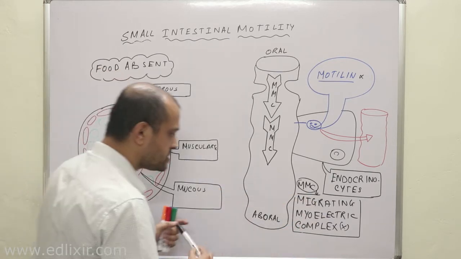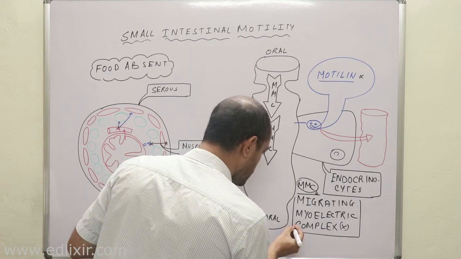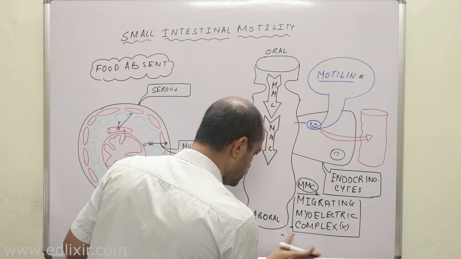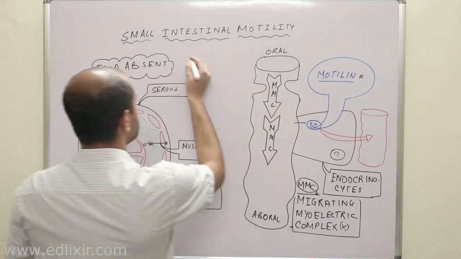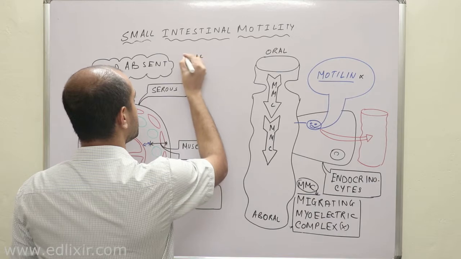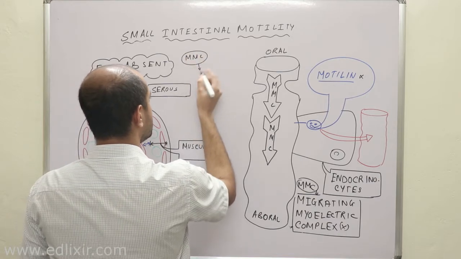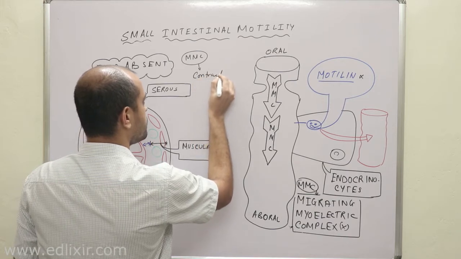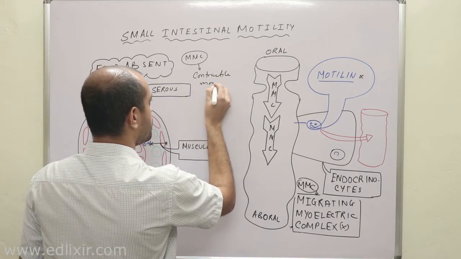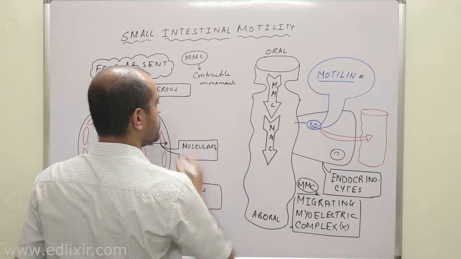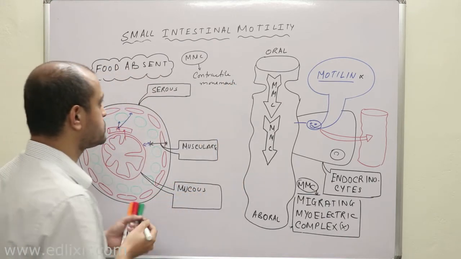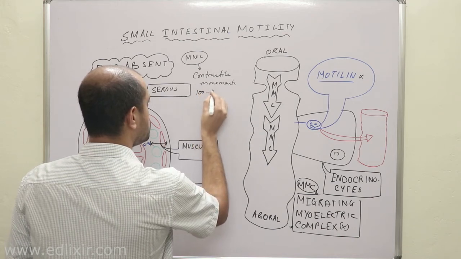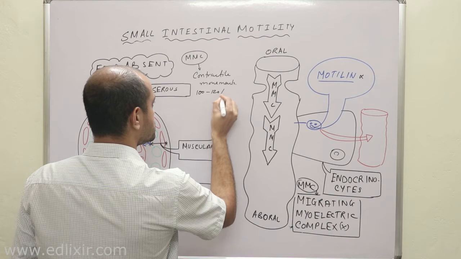Now these MMCs are contractile movements which occur at 100 to 120 contractions per minute.